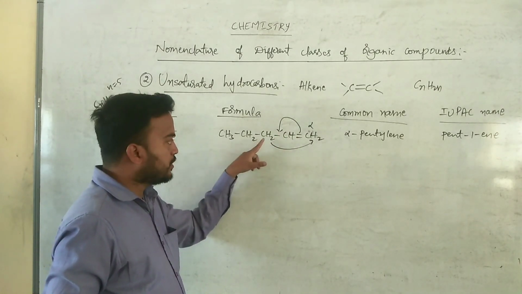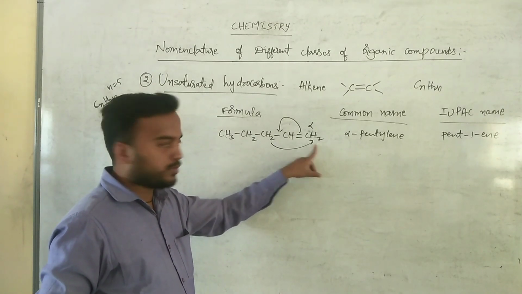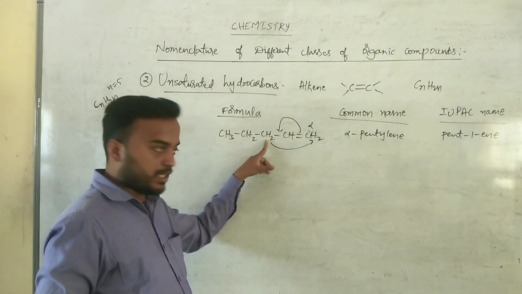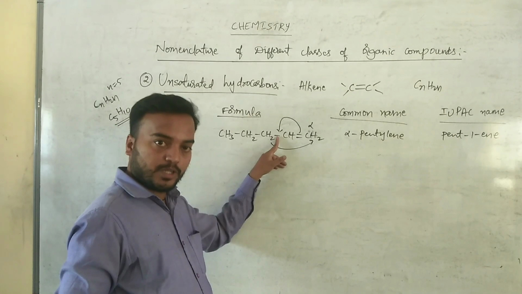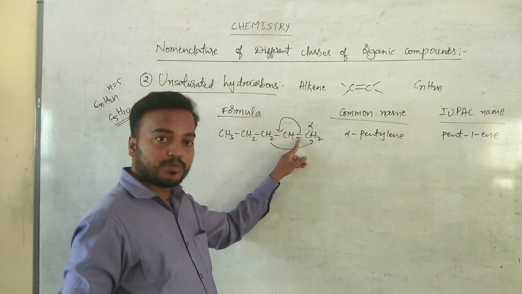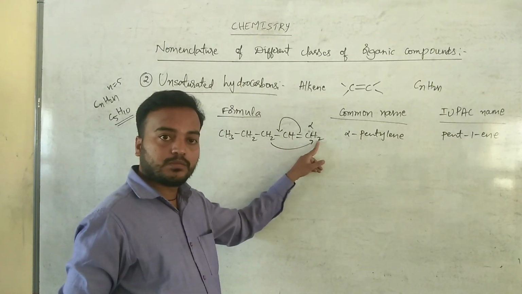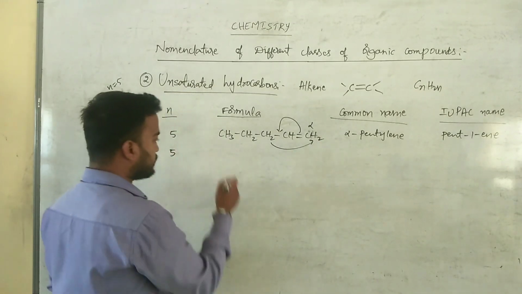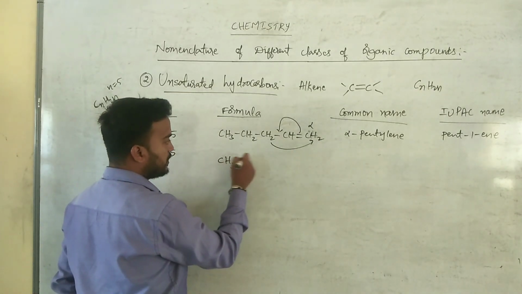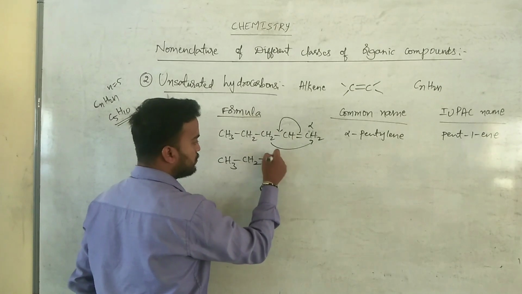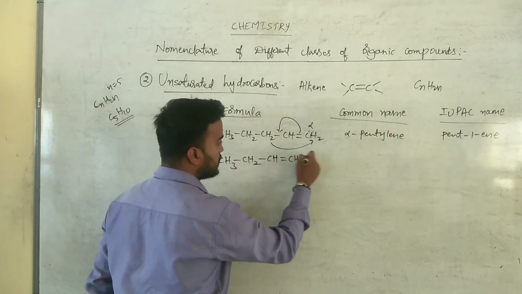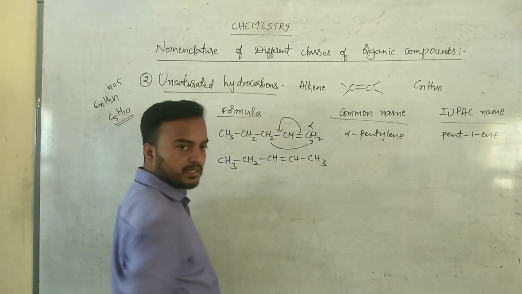And I will shift one hydrogen to this CH2 group. Of the 2 hydrogens in that CH2, I shift one hydrogen to the other CH2. So CH2 will become CH, single bond will become double bond, double bond will become single bond, CH2 will become CH3. CH3, CH2, CH double bond CH, single bond CH3.